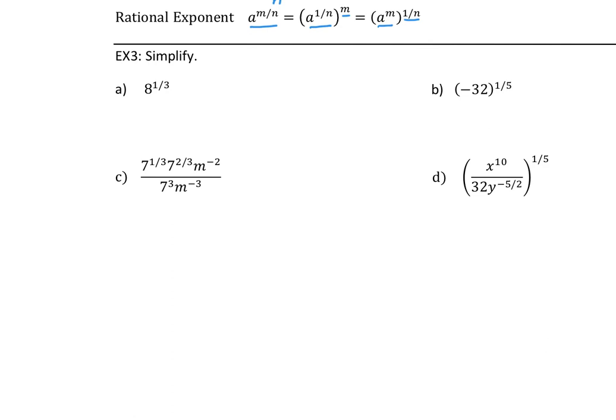So if I wanted to simplify 8 to the 1/3, just using these properties, now I already know that's going to be 2, because to the 1/3 power is the same as saying the cube root of 8, but we're not talking about radicals yet. So if I was just using these powers, I would rewrite 8 as 2 to the third.